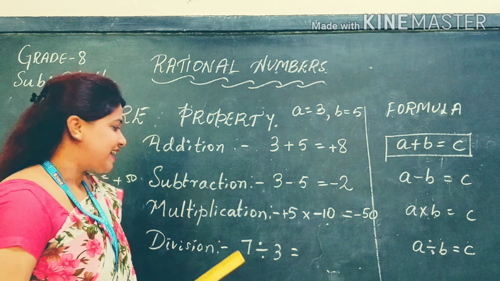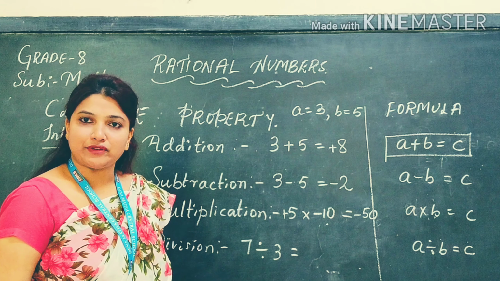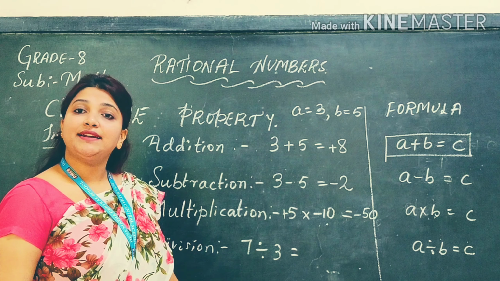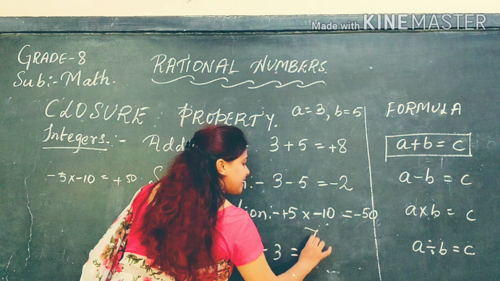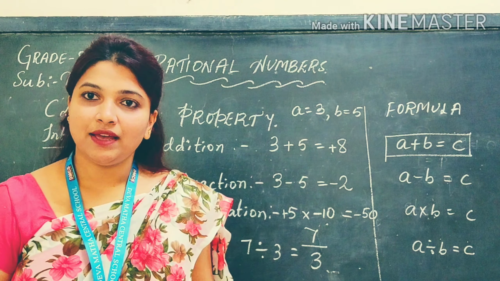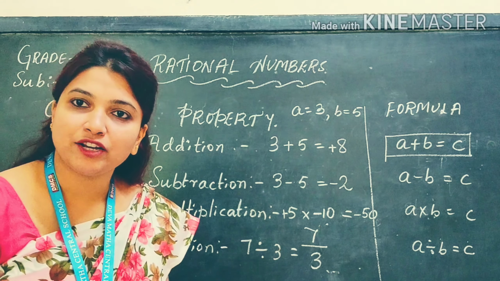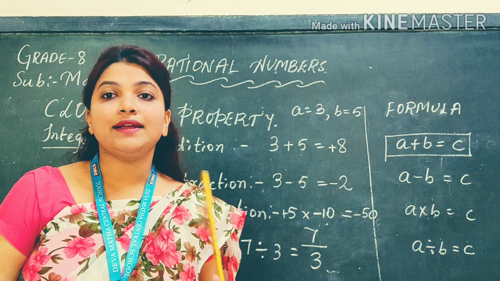Let's see. Now, I have taken an integer 7 and I am going to divide it with one more integer, that is 3. So it becomes 7 divided by 3. Now you tell me, in integers, do we have fractions? We do not have fractions in our integers.